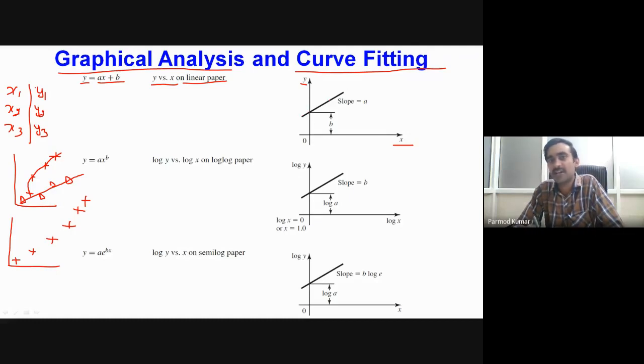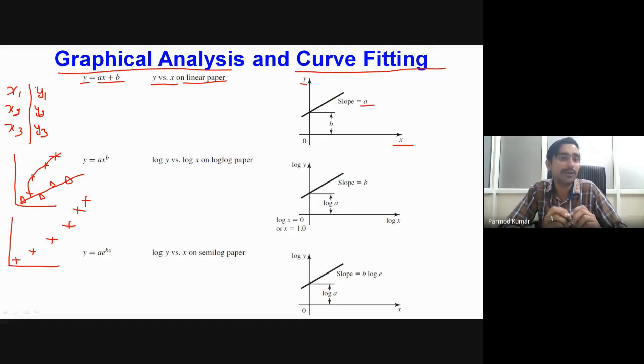This straight line represents our experimental data, where a is the slope of the line and b is the intercept. Now let us consider that our data shows a power law, y equals a times x to the power b.